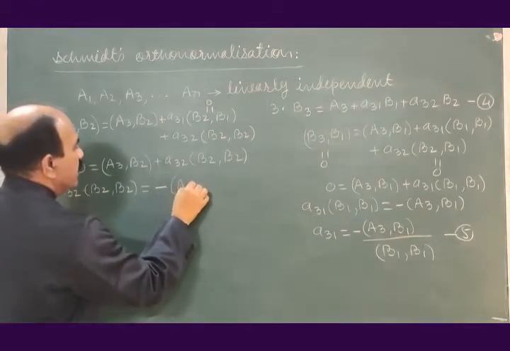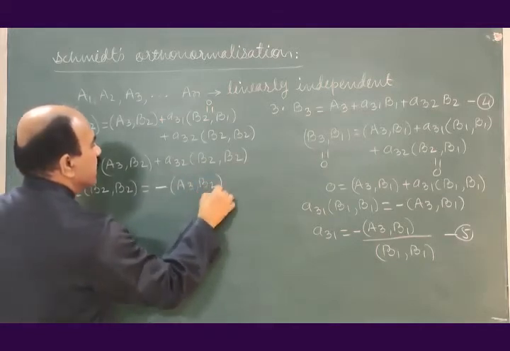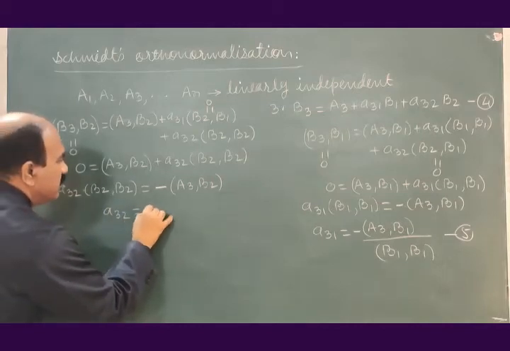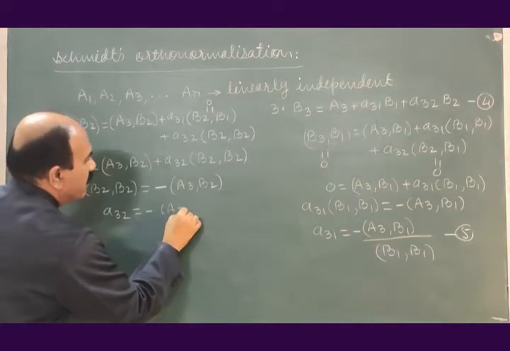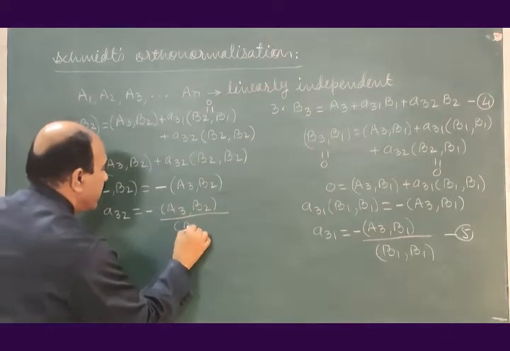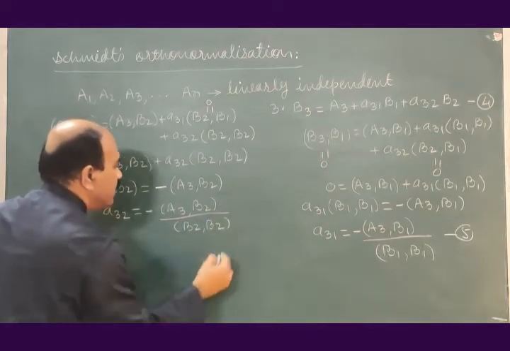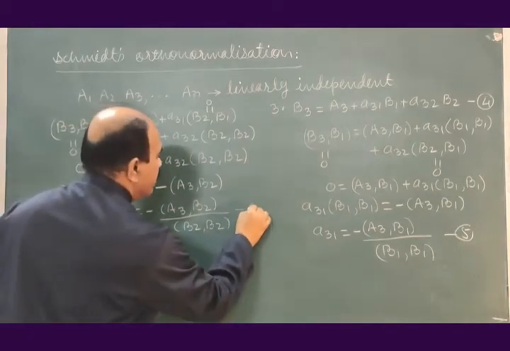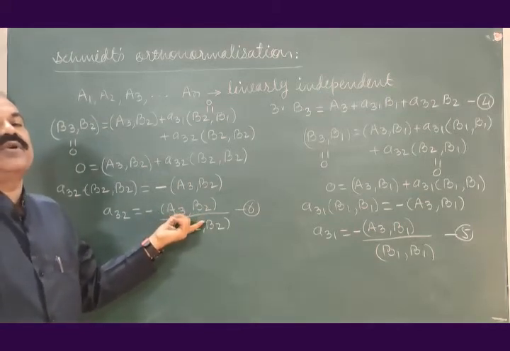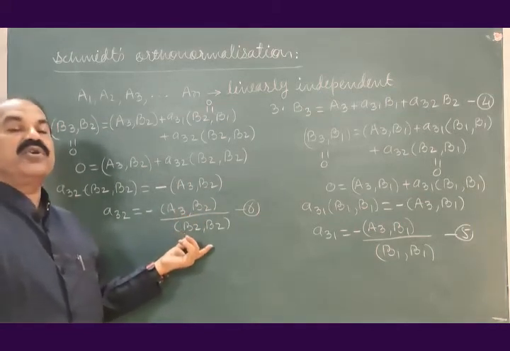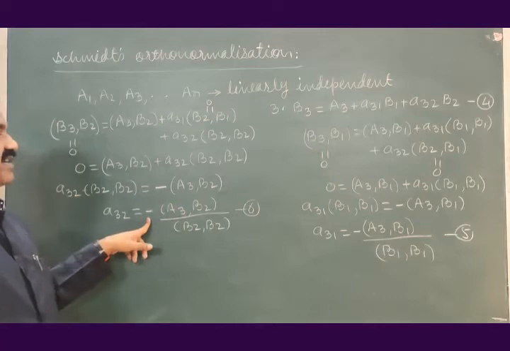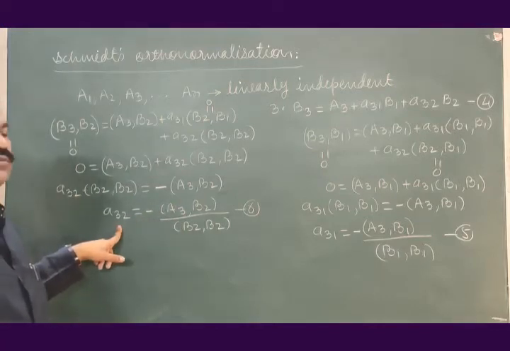So this will be the inner product of a3 and b2, or this is for the a32 is equal to minus of the inner product of a3 and b2 divided by the inner product of b2 with b2, equation number 6. We can easily find the inner product of a3 and b2, and the inner product of b2 with b2 itself. The quotient of these two with minus sign will give us the value of a32.